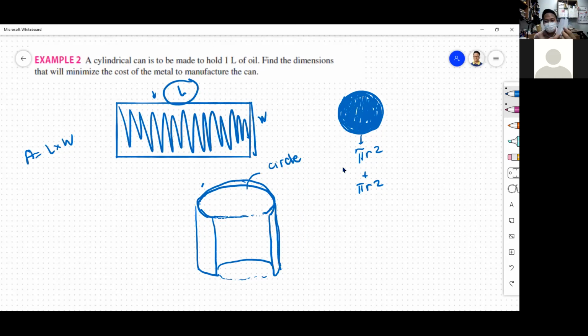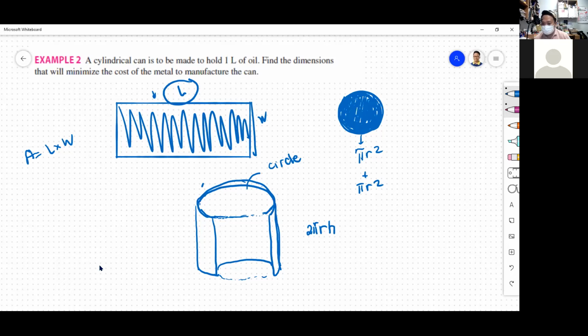Ikpurma ni mag-circle, this becomes a circumference na. Kani, mahimo na ning height. So basically, ang lawas sa can, guys, will be given by the formula 2 pi r times h. Agree?